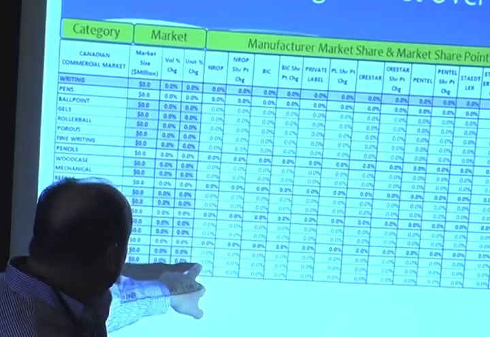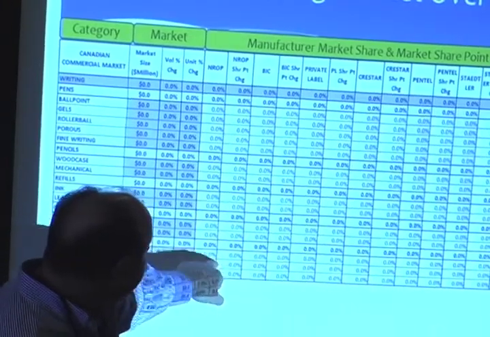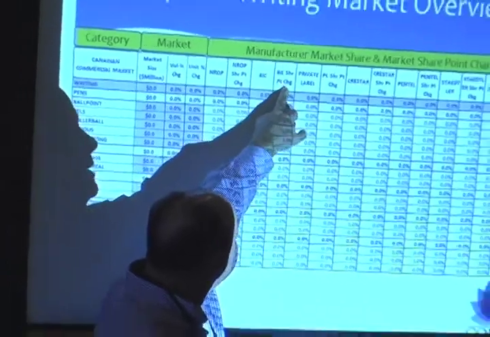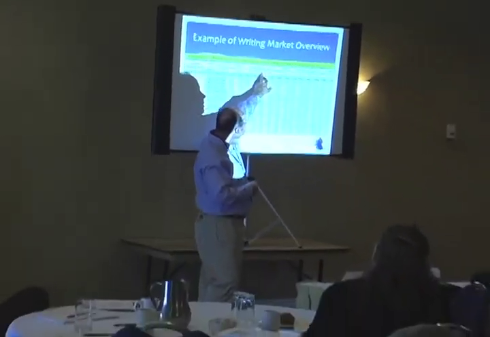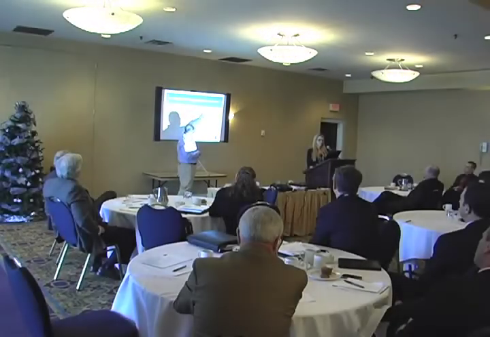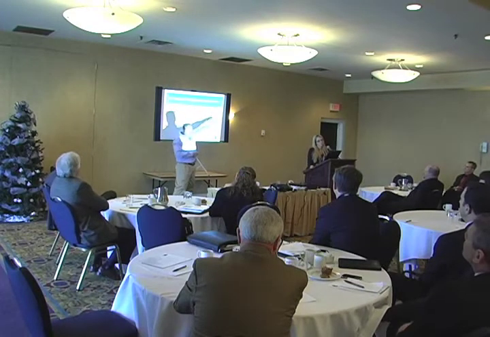So we can see what the Sharpie dollars are and what the share point change or share percentage is. Then here we've got BIC with BIC's share point change, private label with the share point change on private label, Crestar or Pilot and what the share point change was for them, Pentel change, Stadler change, Zebra change.